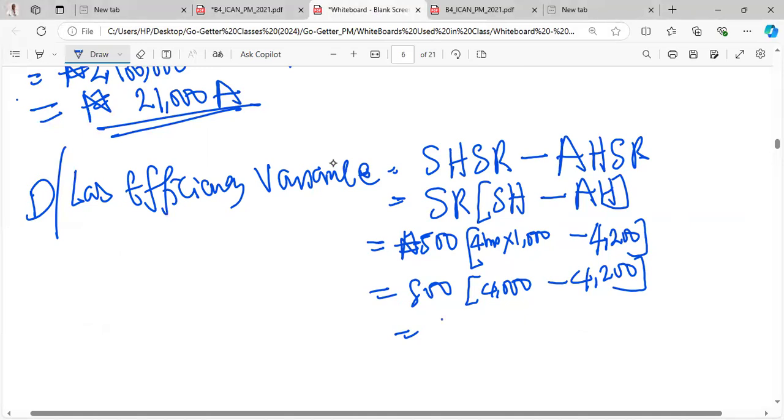So this is 100,000 adverts. Now, total happens to be 21,000 adverts. Wow. Efficiency, it means that we spent more money on paying laborers than the standard.